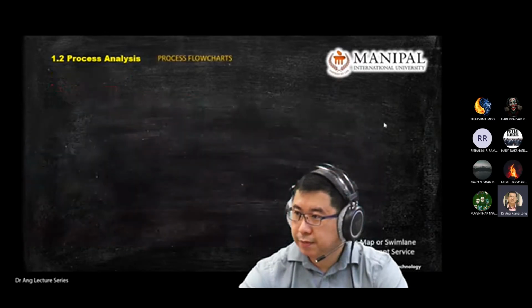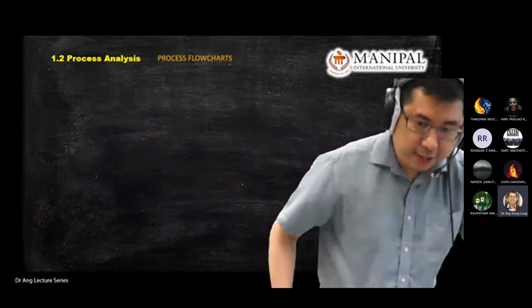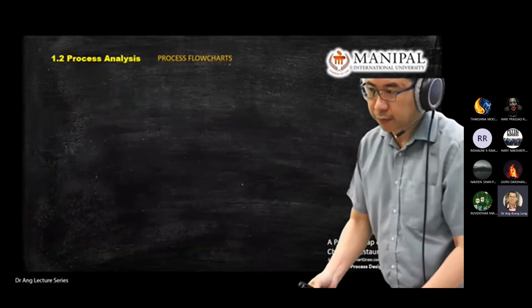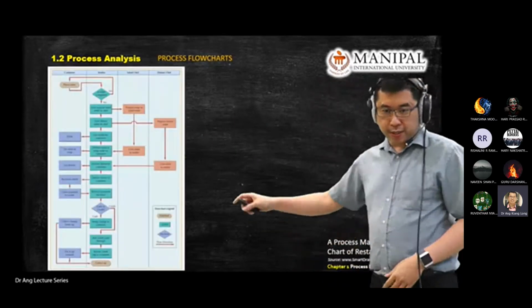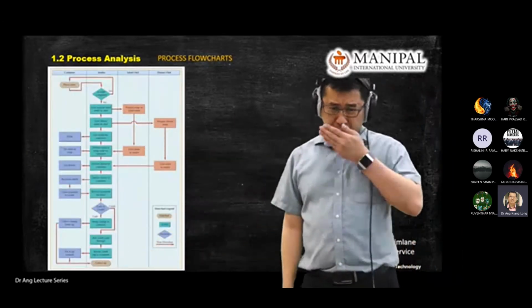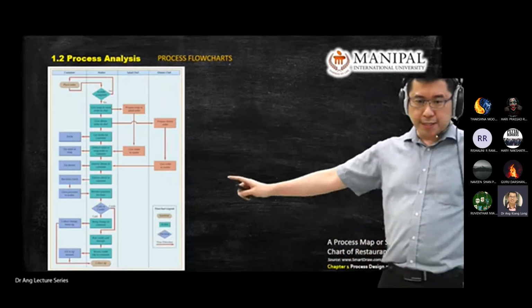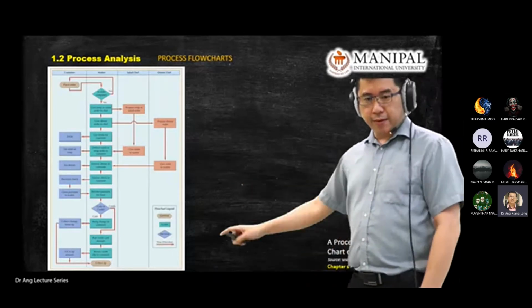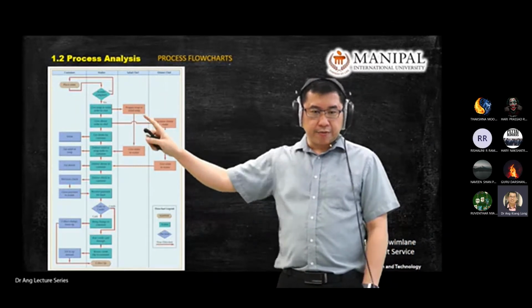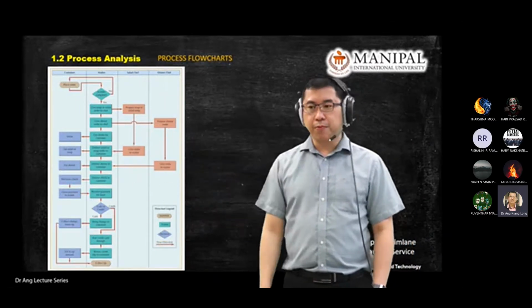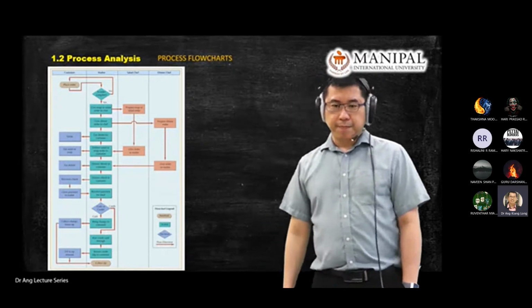Okay, so this is an example of a process flow. Okay, next one I will show you. You can see the detail on my slides later, right? But what is important for this slide is that you can identify the different shapes that you use for different processes.